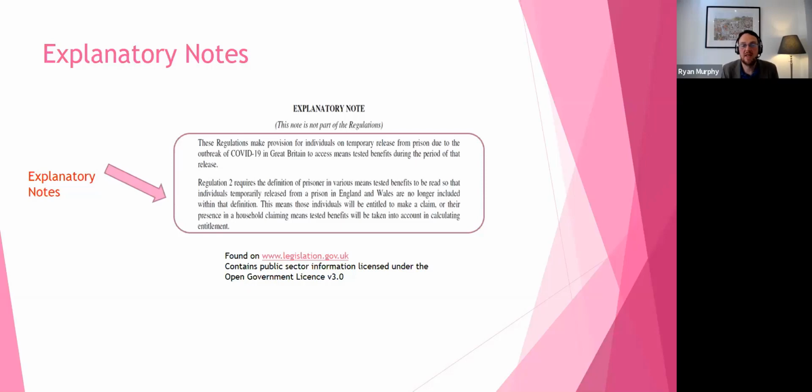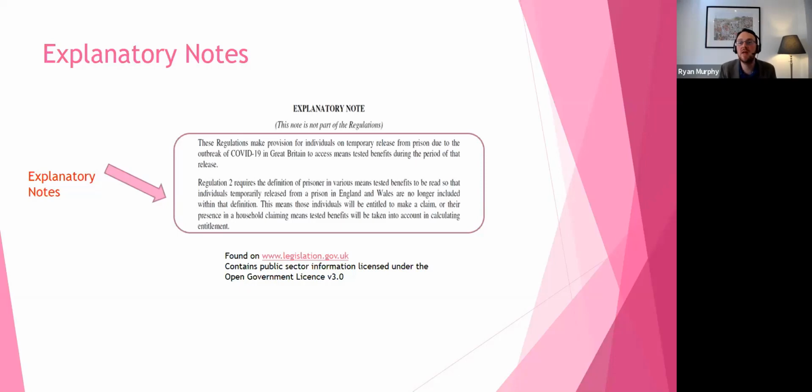So we can see from the outset, these regulations make provision for individuals on temporary release from prison due to the outbreak of COVID-19 in Great Britain to access means-tested benefits during the period of that release. So you have a very simplified statement of what these regulations are trying to achieve. And if you go down through it, it will give an explanation of what different powers are contained within those regulations.